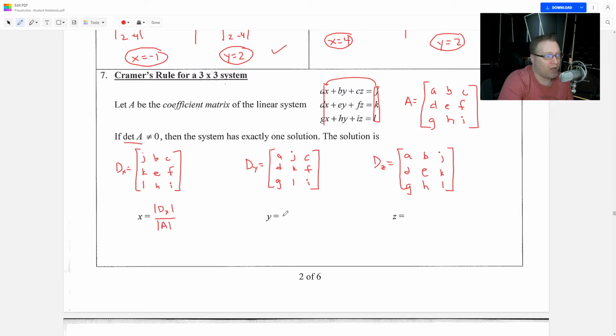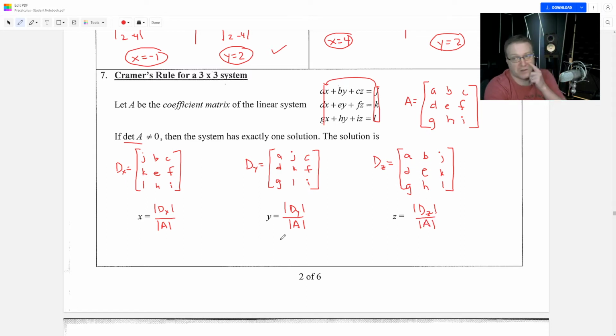And then y is going to be the determinant of dy over the determinant of A. And z is going to be the determinant of dz over the determinant of A.